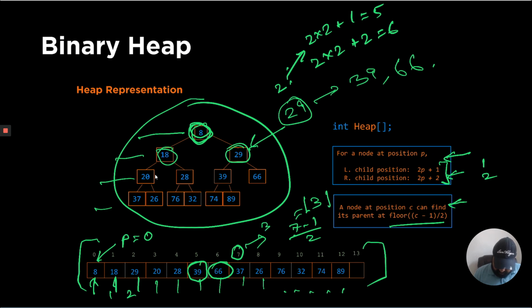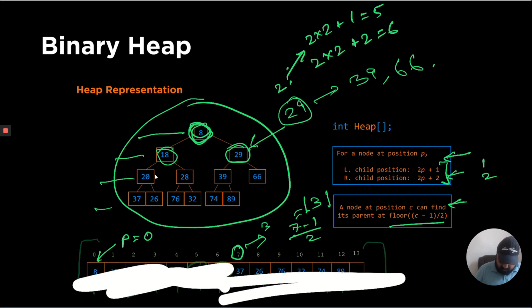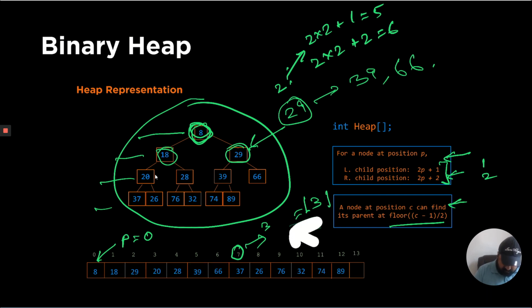So the parent of 37 is at position 3, which is this one. Let's go back in the tree and see, 37 is right here, and its parent is 20. So you can see that the properties are being satisfied. And this way we can represent a heap in the form of an array.